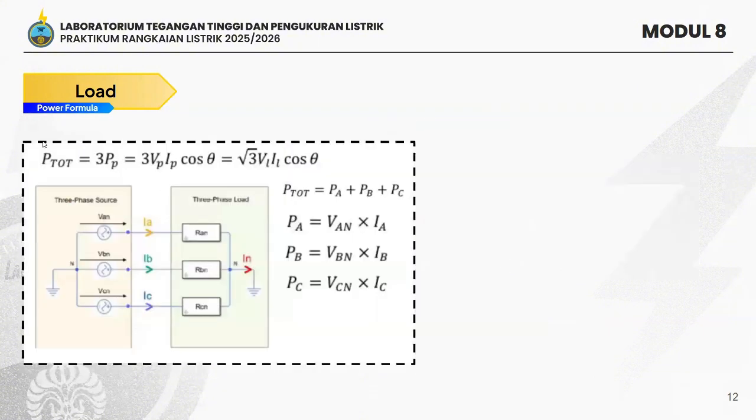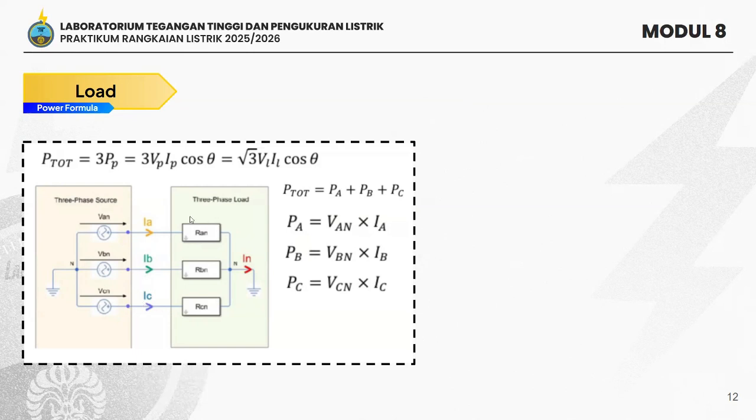There are two cases on the power formula. If each line has a balanced load, basically it has the same value of power on each line, you can use this for calculating the power, because each line has the same value.